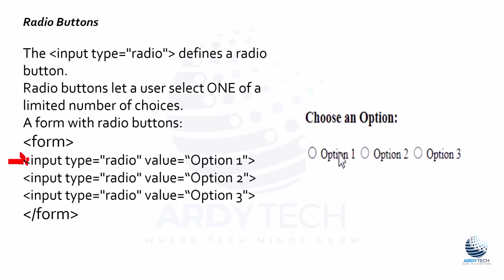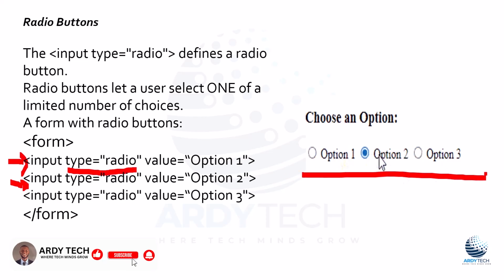This is the input field, but it has a type of radio, which simply means the user can get this output, and at the end of the day, they only have the option to select one. We normally see this in so many forms when we interact with different websites. So here, from what you can see, the user has only the one possibility to select an item, not all the items.